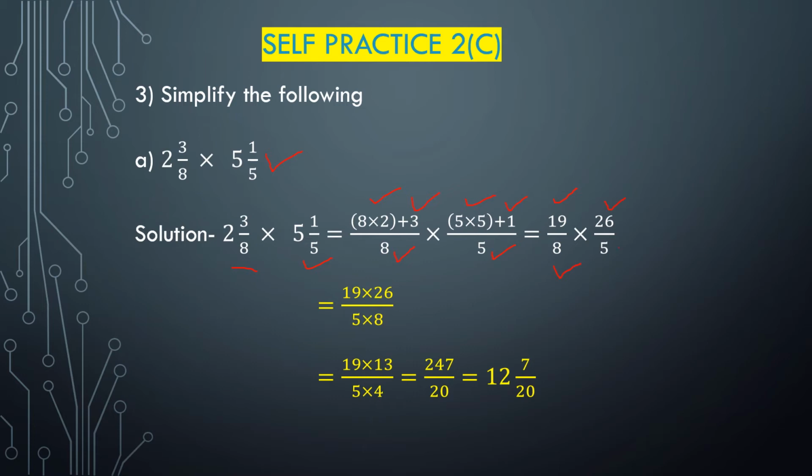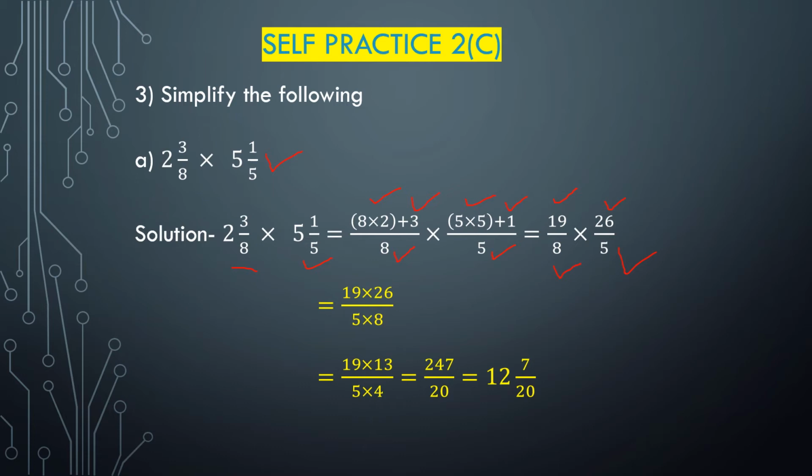So multiplying two fractions equals the product of numerators divided by the product of denominators. So 19 multiplied with 16 divided by 8 multiplied with 3.